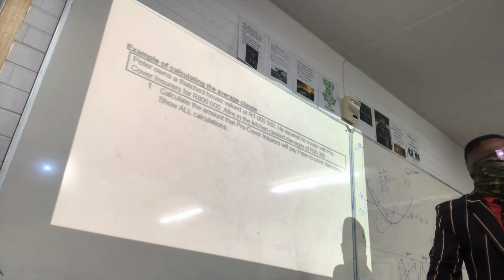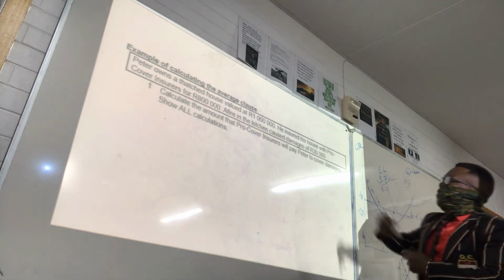So the formula is the amount insured, which is 800,000, divided by the value of the insured item, which is actually R1 million, times the damages, which is 30,000.